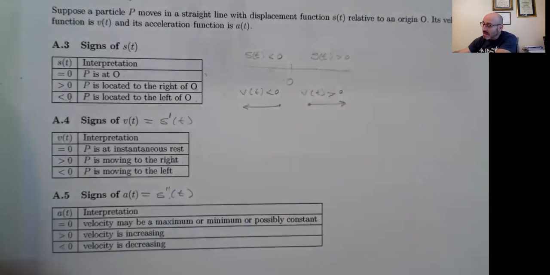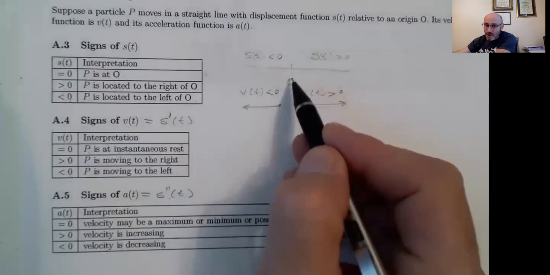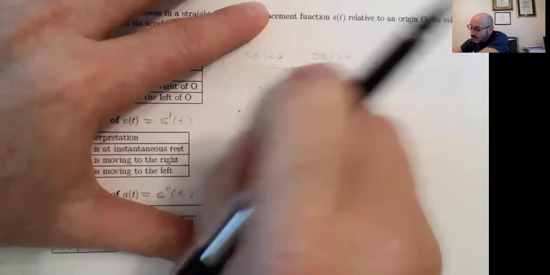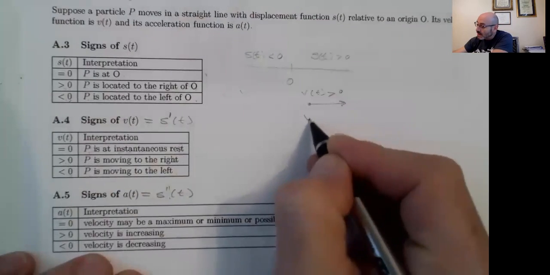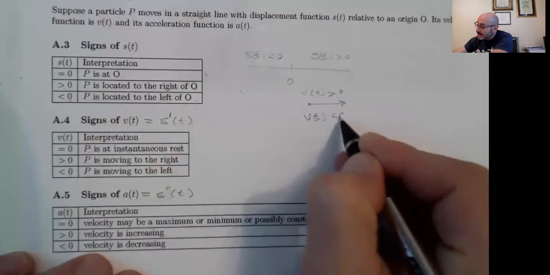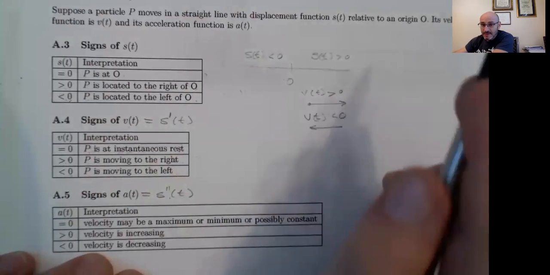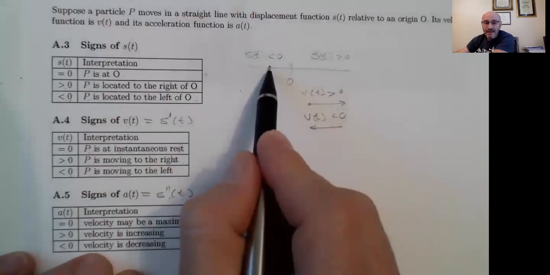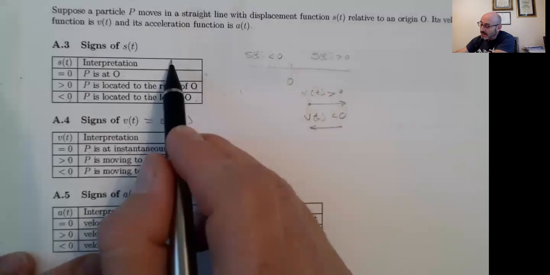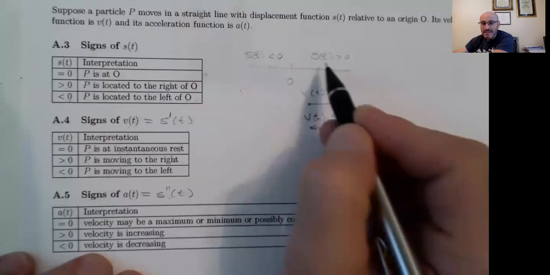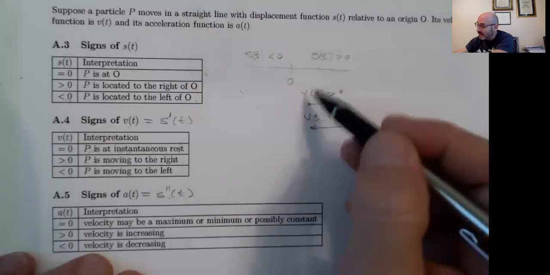It doesn't mean that we are at the left of the origin, okay? So maybe let me erase that so you don't get confused. Velocity positive, you're moving to the right. The velocity is negative, we're moving to the left. We could be at the left of the origin and still keep moving to the left, right? Or we could be here and still move to the right. So that's why I changed this graph.